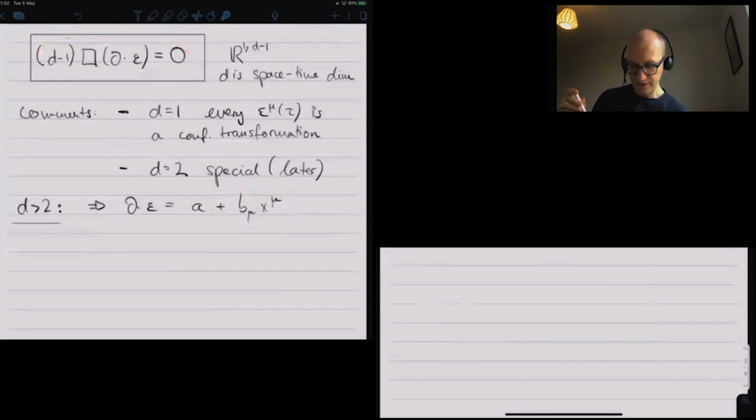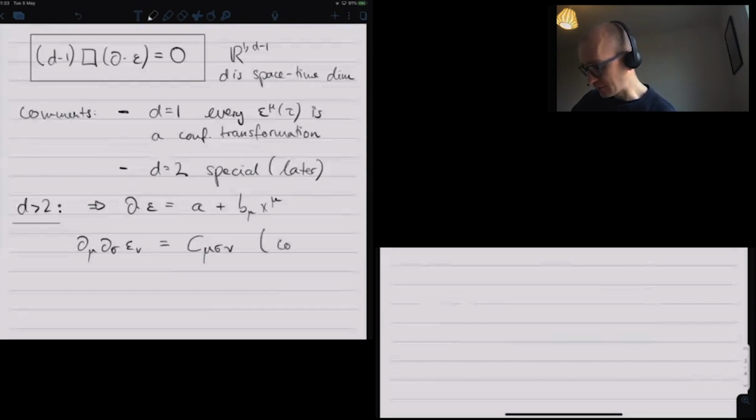So then, what we can write is: d_mu d_sigma of epsilon_nu should be some constant. Because it carries indices, let's call it c_{mu sigma nu}.